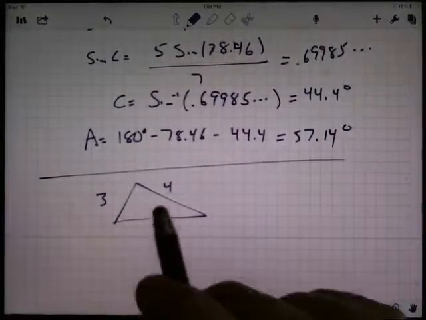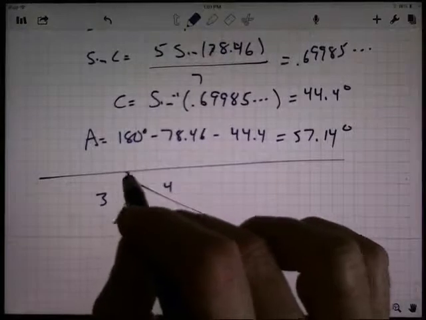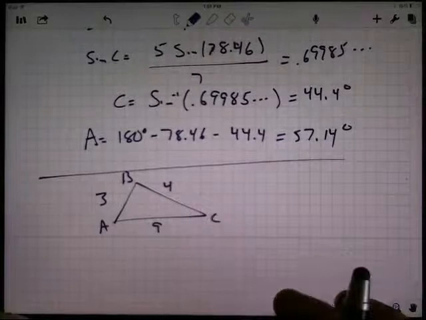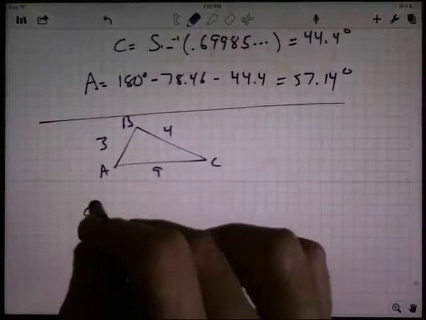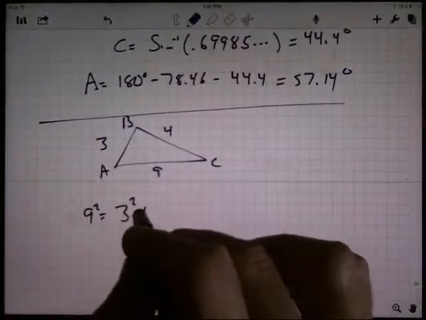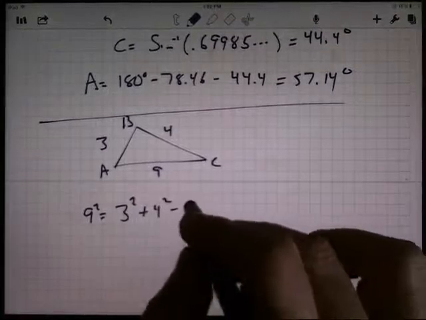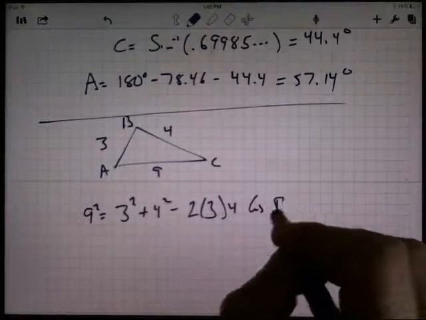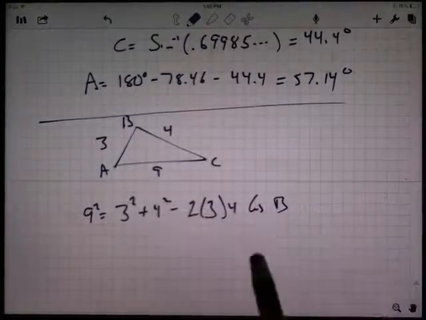Well, maybe you don't recognize that, but watch what happens when I try to solve for angle B here. Again, 9's the big side, so I'm going to try out for angle B. I say that 9 squared equals 3 squared plus 4 squared minus 2 times 3 times 4 times the cosine of angle B, right? 9 and B, okay.